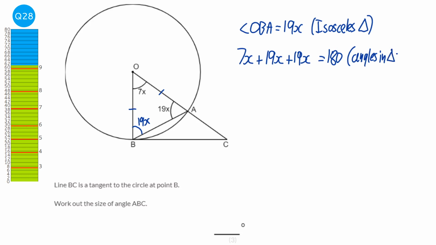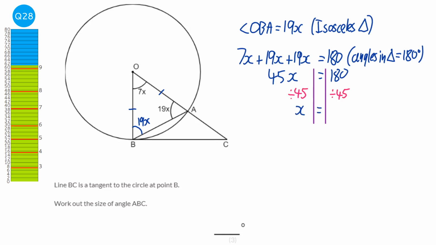Try and write out these reasons in full. So that's going to be 45x equals 180. And let's get our solving lines in. We're just going to divide both sides by 45. So x equals 180 divided by 45, which is 4.